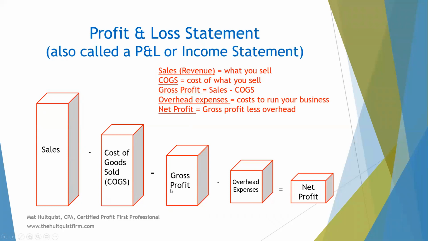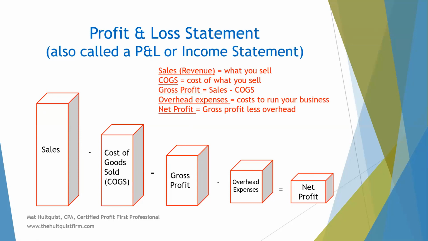The difference between the two is called gross profit. Okay, so $6 in that simple example is your gross profit. And then you have, after that, your overhead expenses, which are all the costs to run your business that are not cost of goods sold. For example, rent, utilities, all of those additional costs that you have just to run your business.